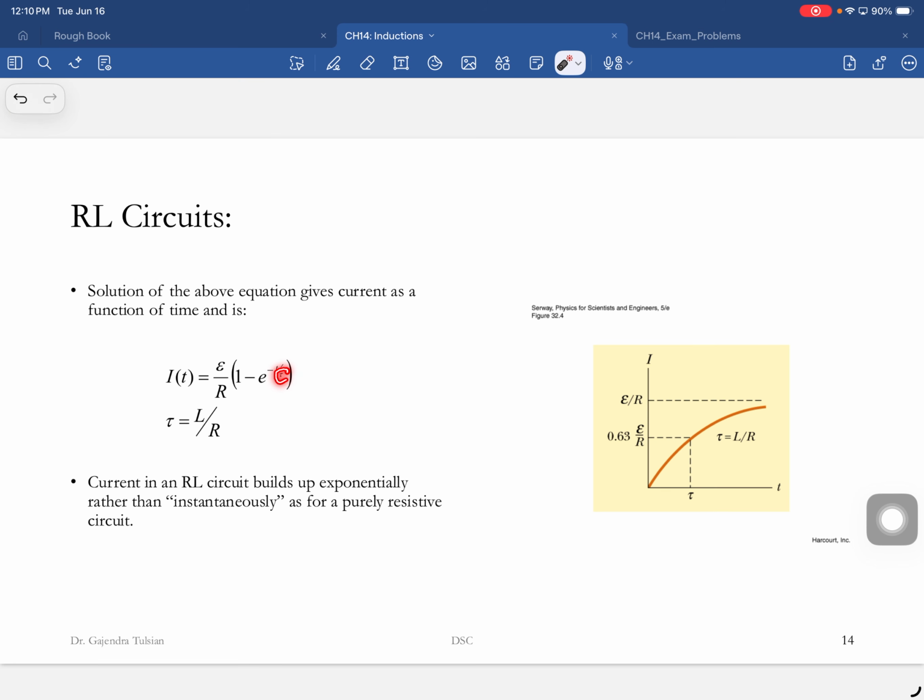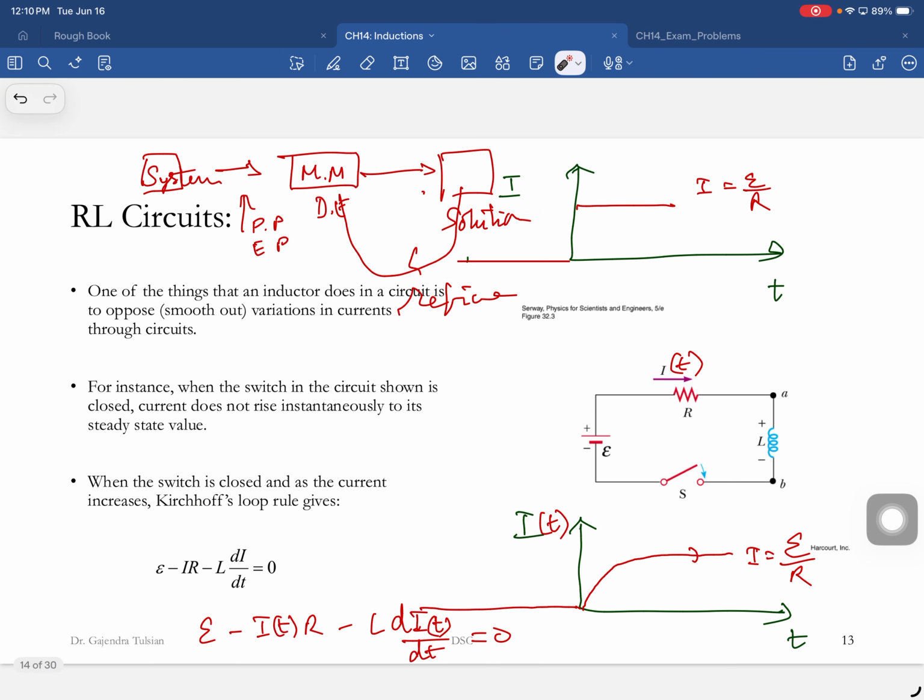This is the time constant. The time constant tells you over what kind of time things change. Okay? And the time constant is given by L over R. Okay, so the larger L is, the greater the time constant. The larger L is, the stronger he fights against changes in current, and the longer it takes for the current to go to the steady state value.